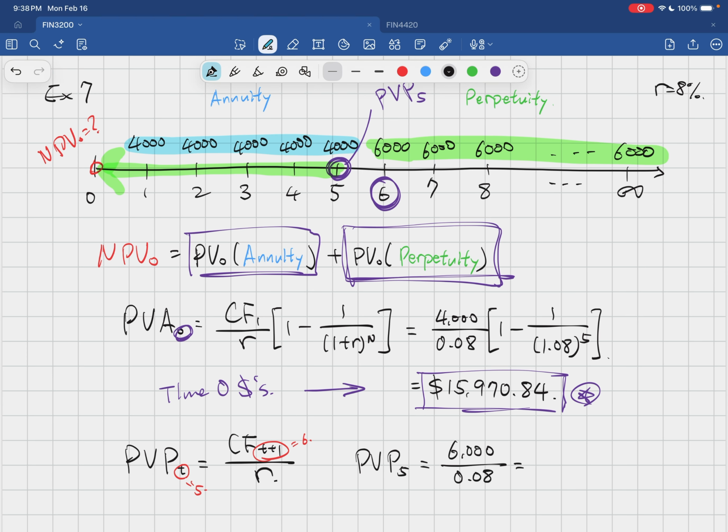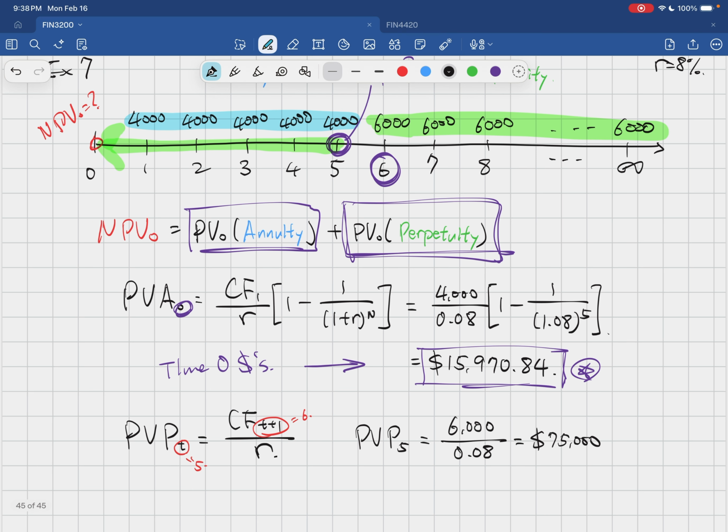This value is $75,000, but again, this is in time 5.